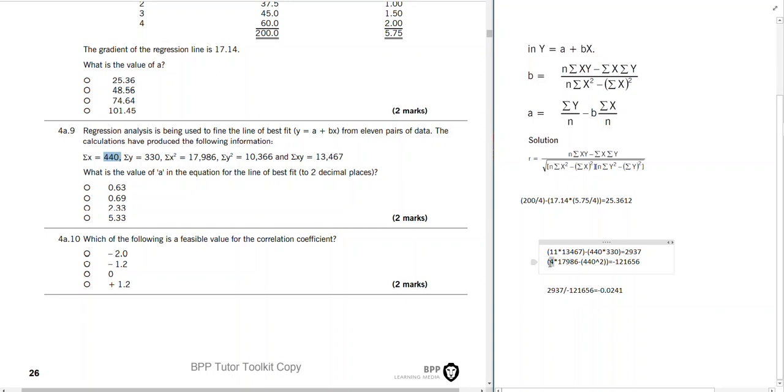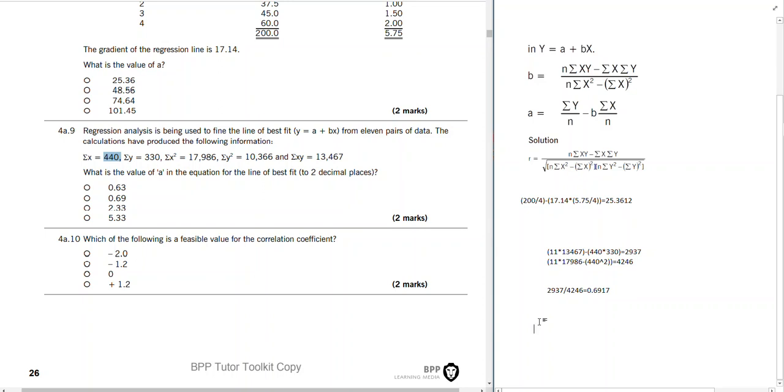Okay, I've taken 4 pairs of data, but here we have 11 pairs of data. So we have 0.6917 for the b, which is the variable bit.